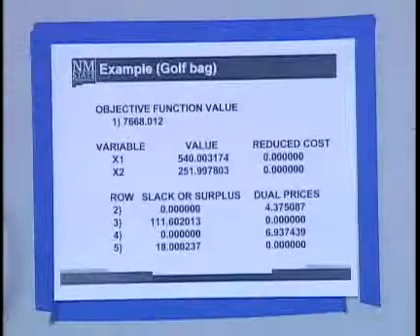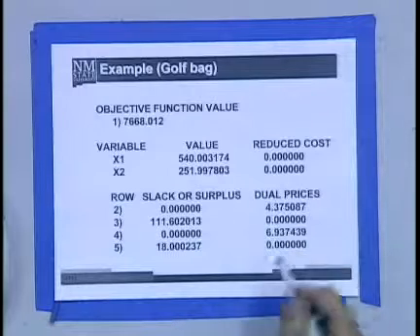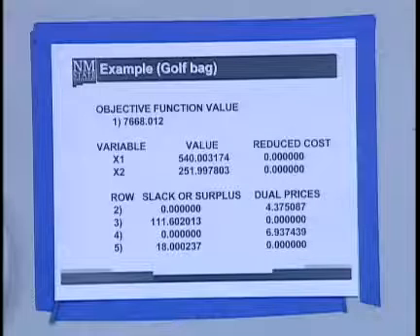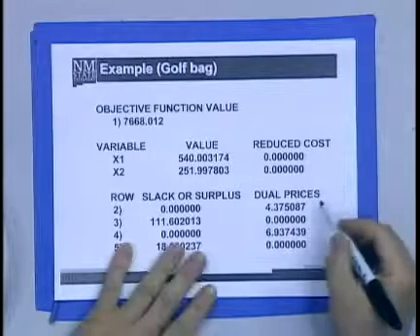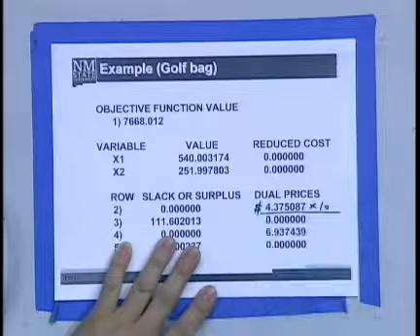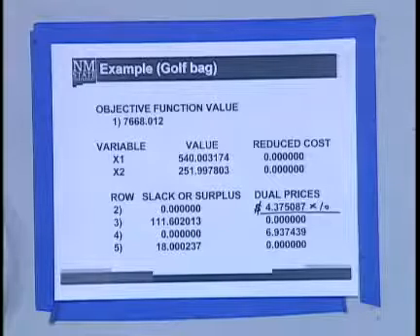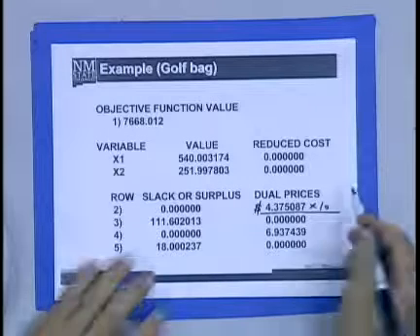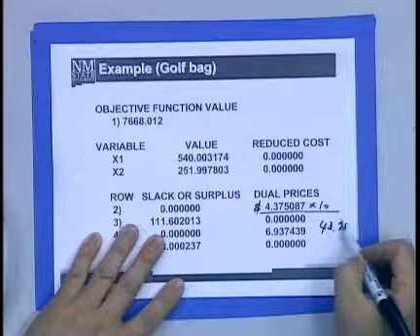So now you are safe to say that if an additional 10 hours were available for cut and die department, then the company will have an additional 10 times $4.37 in profit, okay? Which is $43.75.